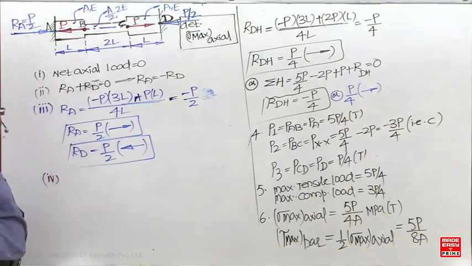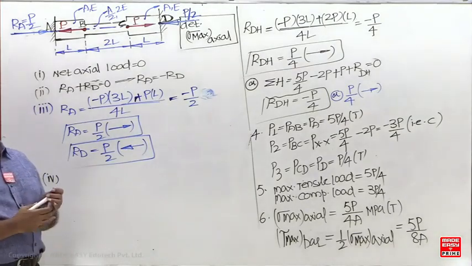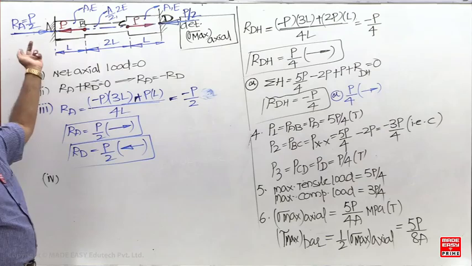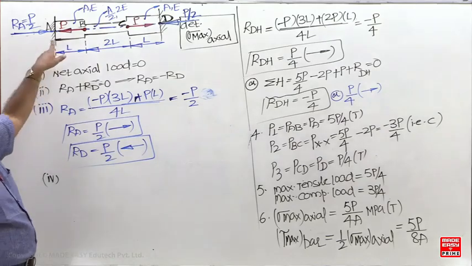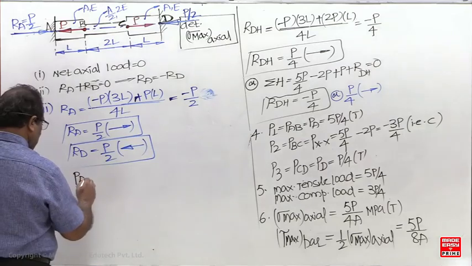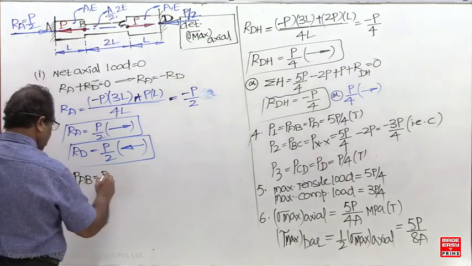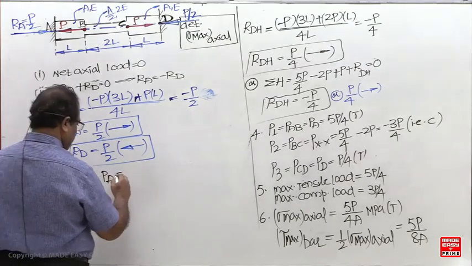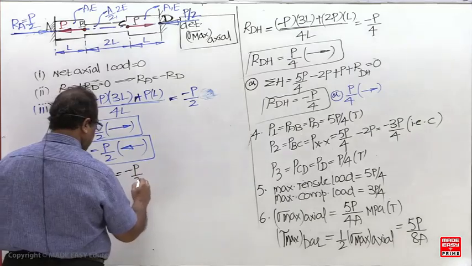Once again, which method is better now? Section method is better. Directly, what is the load in AB? Load in AB equals load at A. What is the load at A? Minus P by 2.